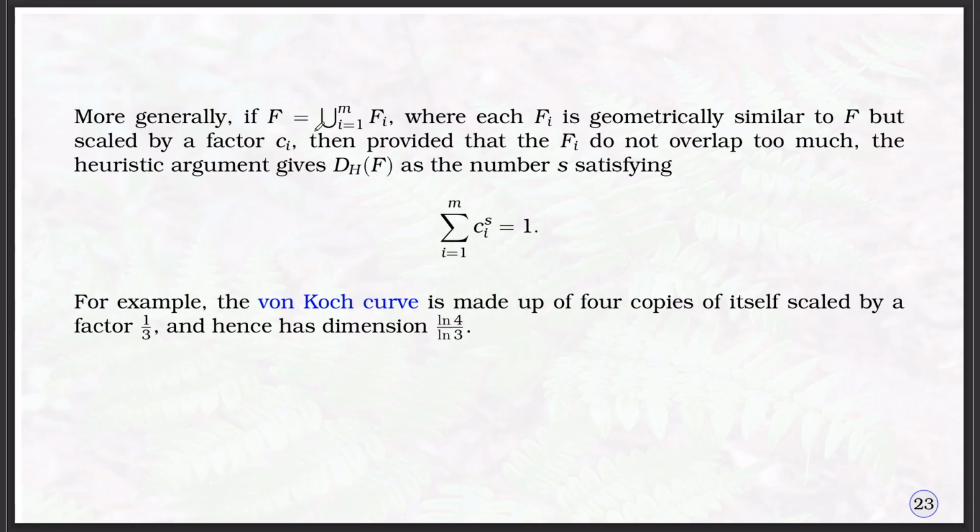If F is written as a finite copy of Fi, the set F can be written as the union of Fi, i equal to 1 to m. The set F is written as a finite decomposition of some parts where each Fi is geometrically similar to F. This is important, each Fi is geometrically similar to F, but scaled by the factor Ci.